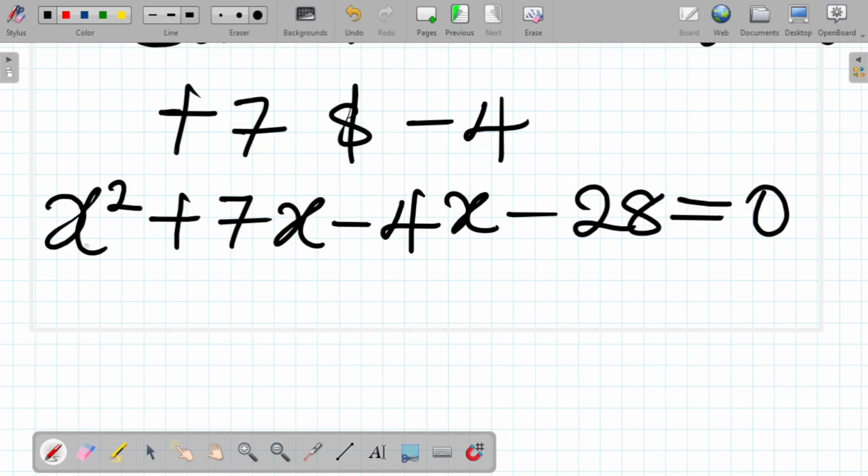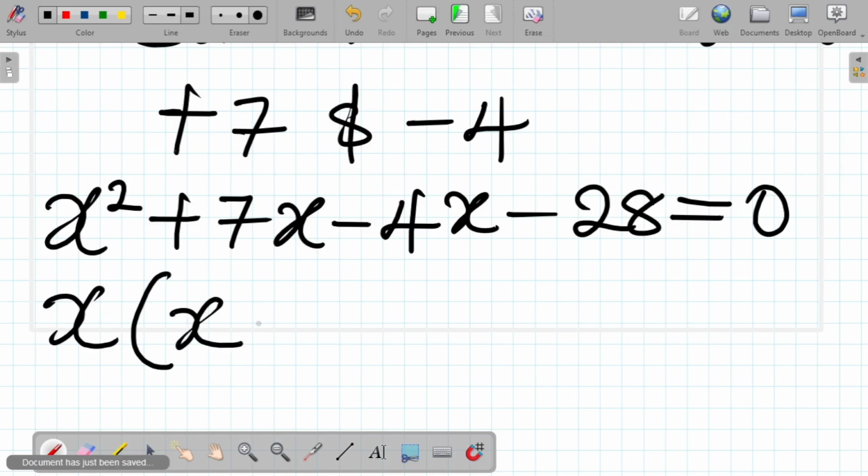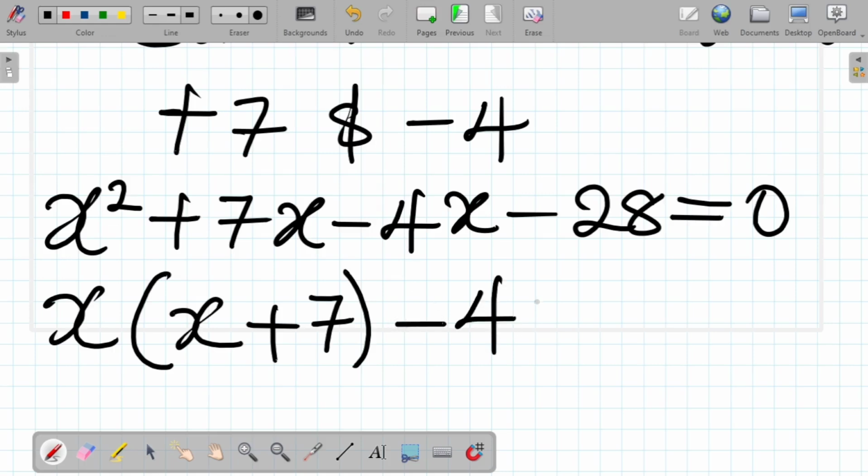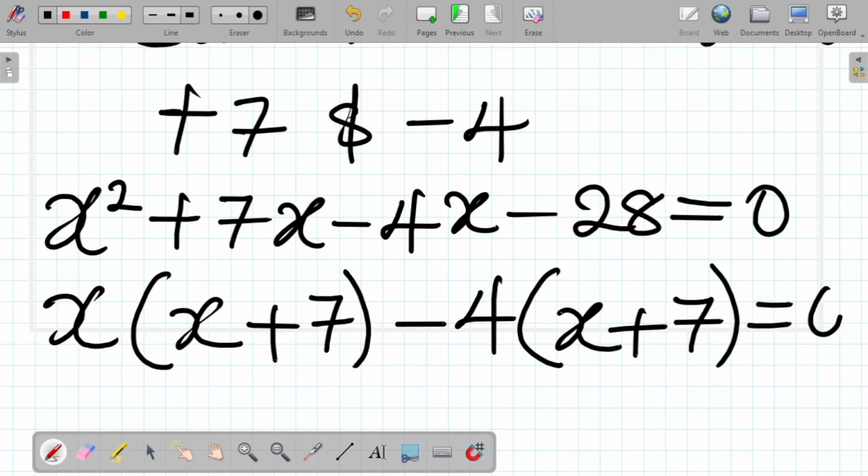So the most common term here is x, open bracket, x into x squared, we are left with x. X into 7x, we are left with 7. And then minus 4, open bracket, 4 into 4x, we are left with x. 4 into 28, we are left with 7. And then equal to 0.